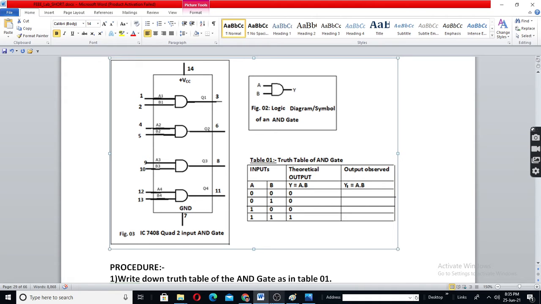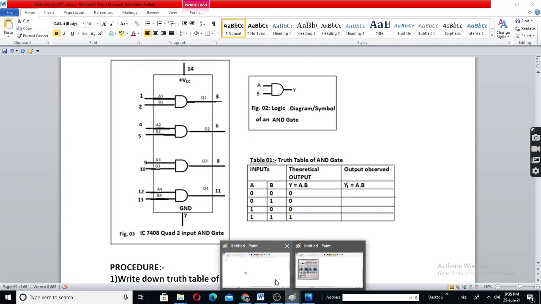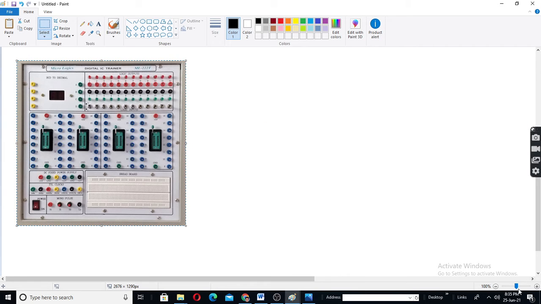So what we do is, you insert the IC here, take two wires. See, the inputs are here. Take one wire from here and connect it to pin number 1, second take from here and connect it to pin number 2.